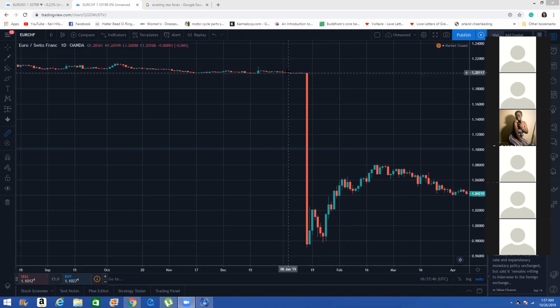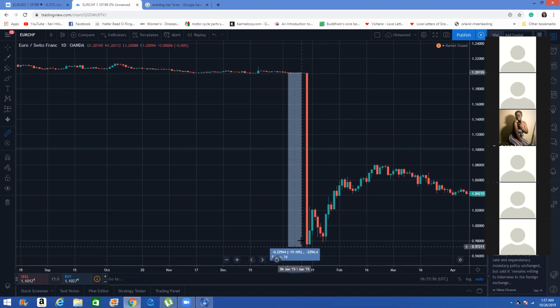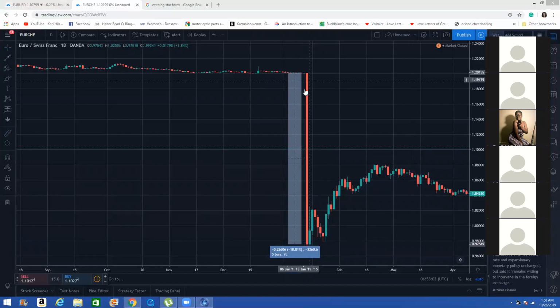Let's see. 2200 pips. That doesn't happen with anything other than Bitcoin. And this is within like an hour. This isn't a long time thing. Mind you, this is a day chart, so if it did this on a day, it definitely did that on a way smaller time frame. All right, I just want to show y'all that. Somebody did put a sale, they was super lit.